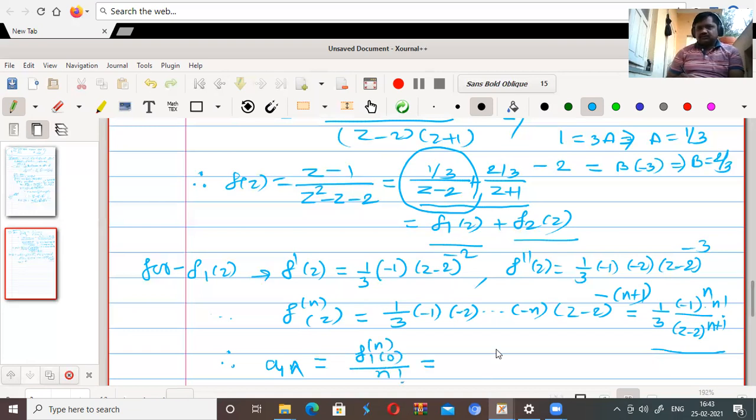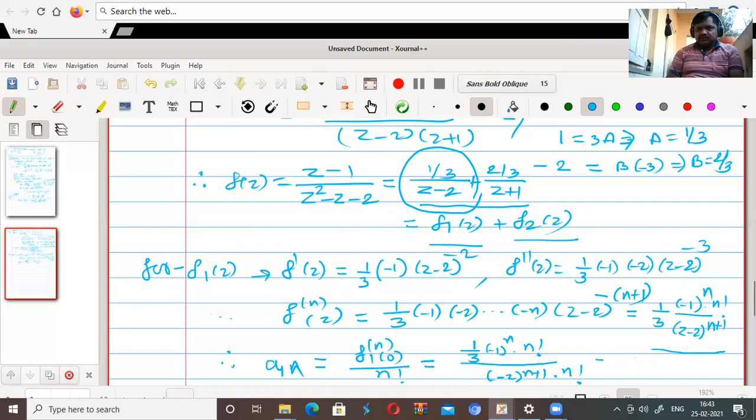So f1 to the n at 0 is what, by putting z equal to 0? If I put z equal to 0 here, we get 1 by 3 into (minus 1) raised to n into n factorial upon (0 minus 2) to the power n plus 1, and this is divided by n factorial.